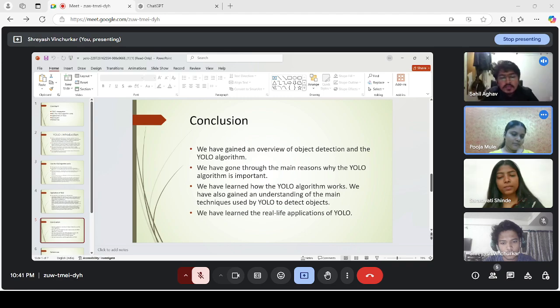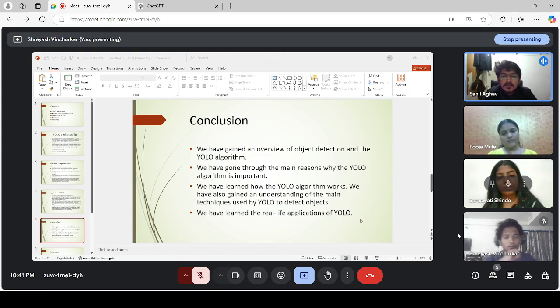Okay. Thank you, Pooja. Coming to the conclusion of this topic, we have gained an overview of object detection and the YOLO algorithm. We have gone through the main reasons why the YOLO algorithm is important, and we have learned how the YOLO algorithm works.